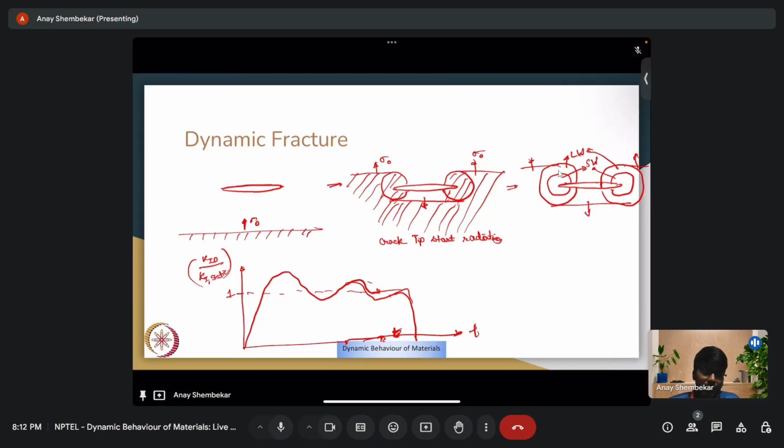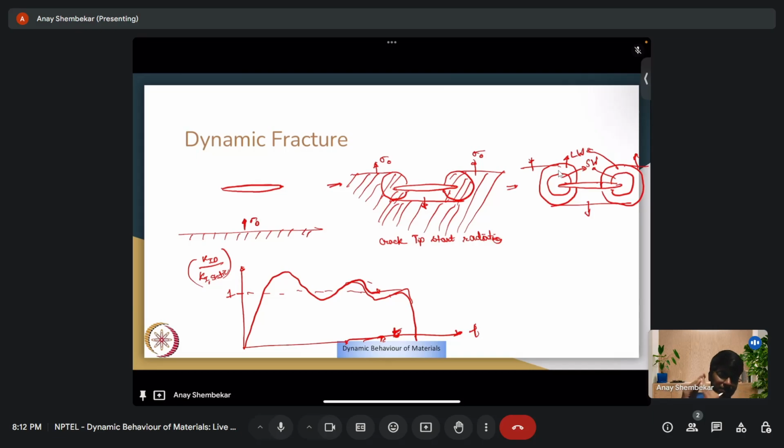So apart from this, there is one more interesting application, which is spalling. Again, spalling happens because of release waves. So suppose you have a projectile hitting a target, and then a compression wave goes into the target, hits the free surface, and returns back as a tensile wave. Similarly, the compression wave that was generated inside your projectile hits its own free surface and returns back as a tensile wave.